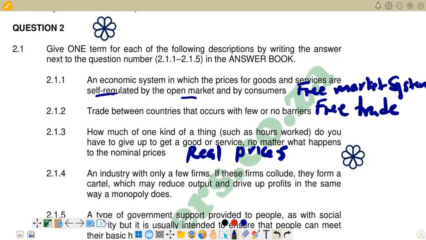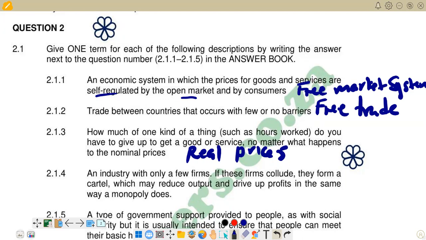We know we have four different types of market structures: perfect market competition, monopolistic, oligopoly, and finally monopoly.